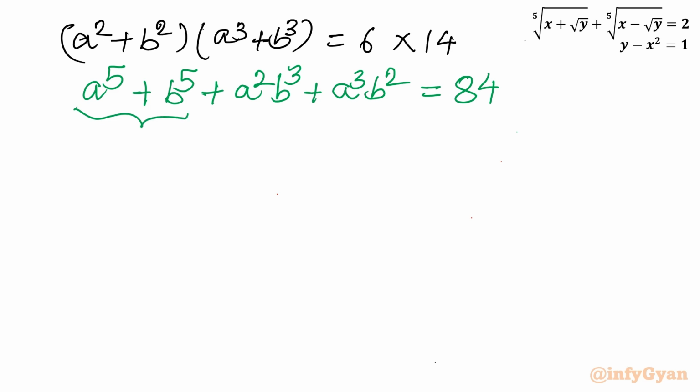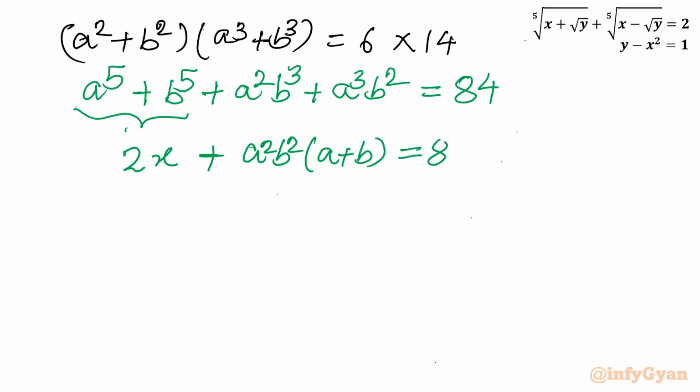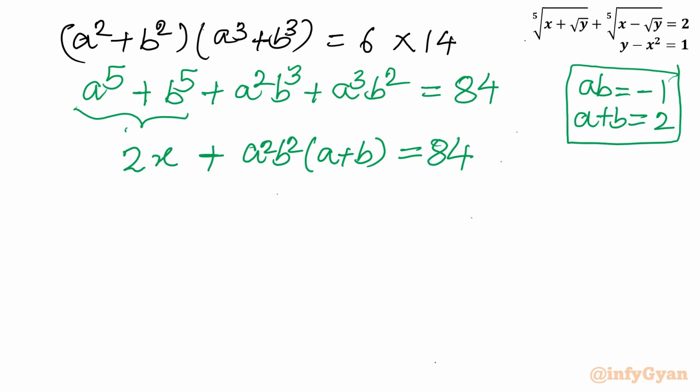Now here I will write 2x plus, and from here I will take a square b square common. So in the bracket I will write a plus b, equal to 84. Now we know that ab was minus 1 and a plus b was 2 from the original equation. So let us apply the values.